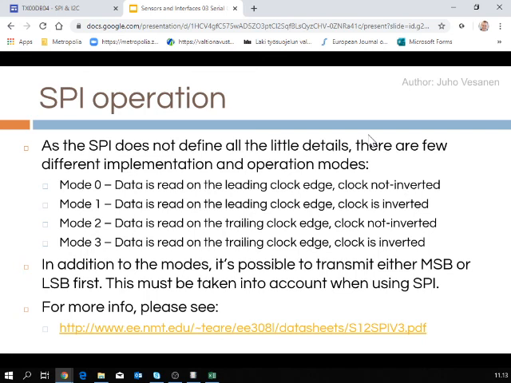But you have access to these modes on the software side, so as long as your software knows which mode the device is, you can change the mode on the fly. And this is the kind of bus where you can have different speed devices on the same bus, because the device doesn't do anything if it's not accessed by chip select.